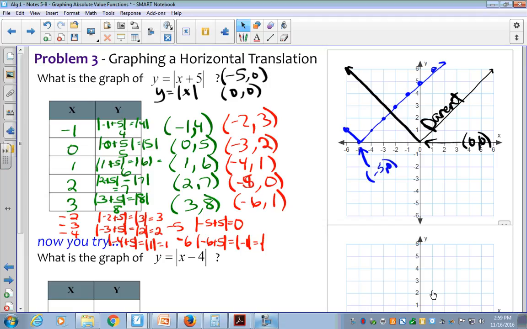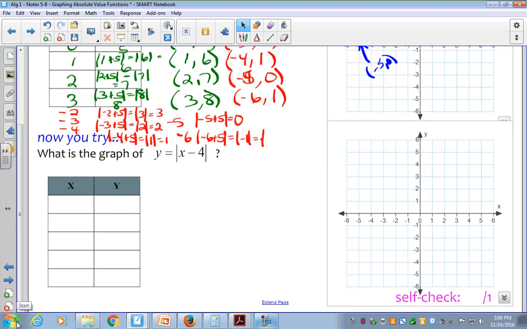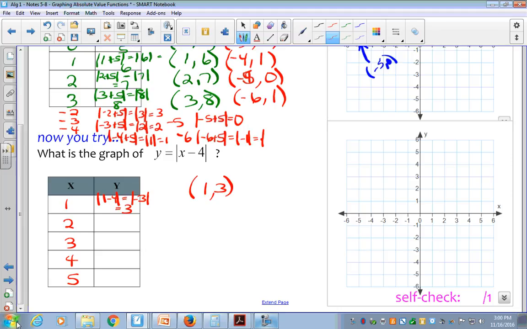So think about where that 5 is coming from, and let's go ahead and try that with this problem here. So I'm going to plug in 1, 2, 3, 4, and 5. And we're going to take the absolute value of that, and subtract 4 from it. 1 minus 4 is -3. And then take the absolute value. We do the same thing. 2 minus 4 is -2.